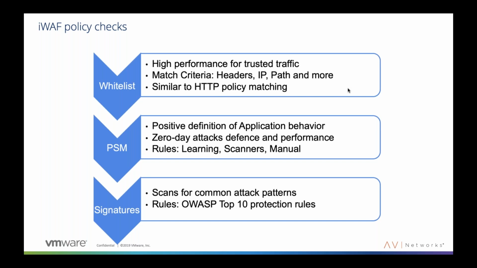If you have, for example, a security report in front of you, only on paper, then you can create manual rules very quickly as well. And lastly, the last check here is signatures, which scan for the common web application attack patterns. So OWASP top 10 rules is something that you're probably familiar with.